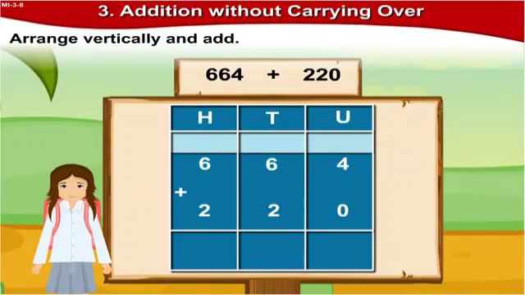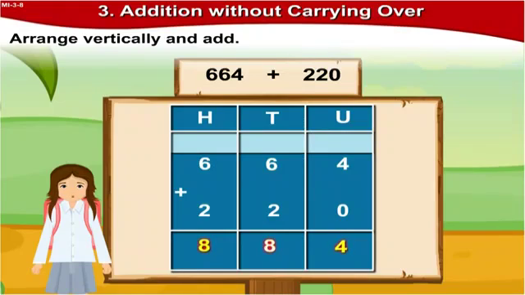Now if you add them, at the units column, 4 units plus 0 units is 4 units. Tens column, 6 tens plus 2 tens is 8 tens. Hundreds column, 600 plus 200 is 800. Which means the answer is 800, 8 tens, 4 units. That means 884.